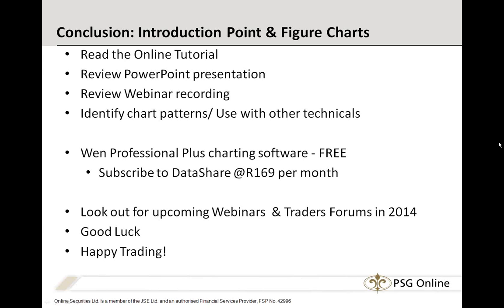So yes, obviously the greater the volatility, the more noughts and crosses you'll be able to include. So the shares that are very tightly held, the shares that don't trade so often, it might be skewed a bit. So rather look at freely dealt shares to trade point and figure charts. Okay.